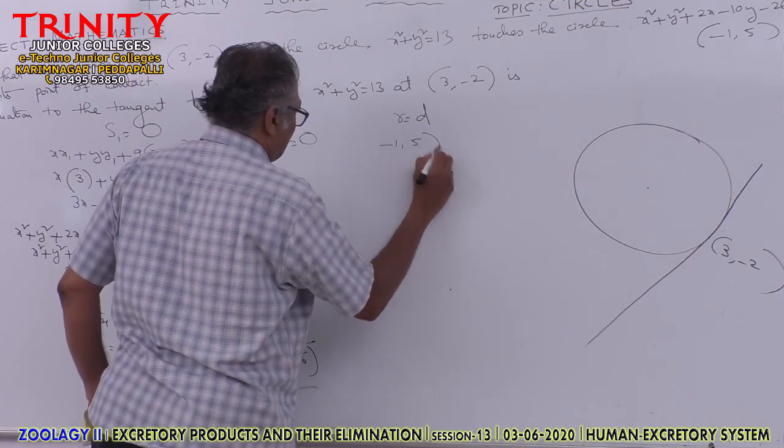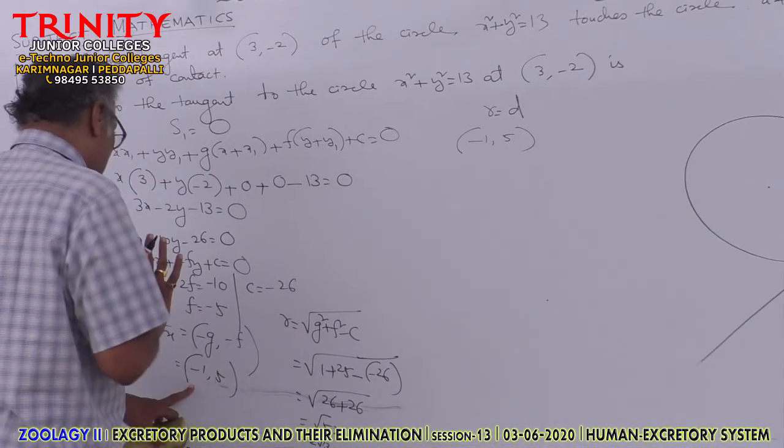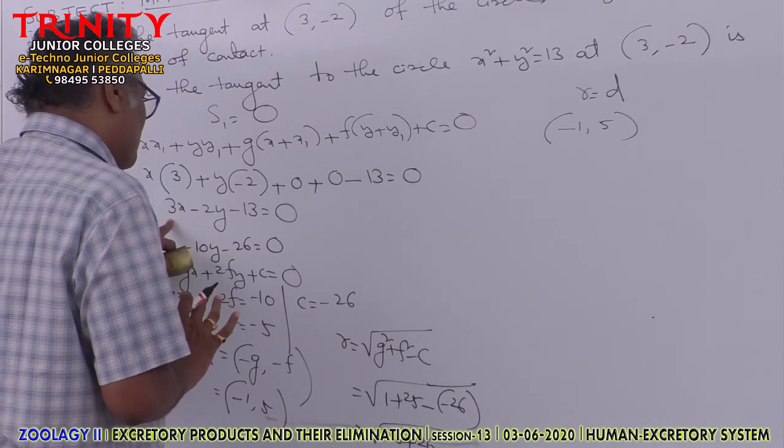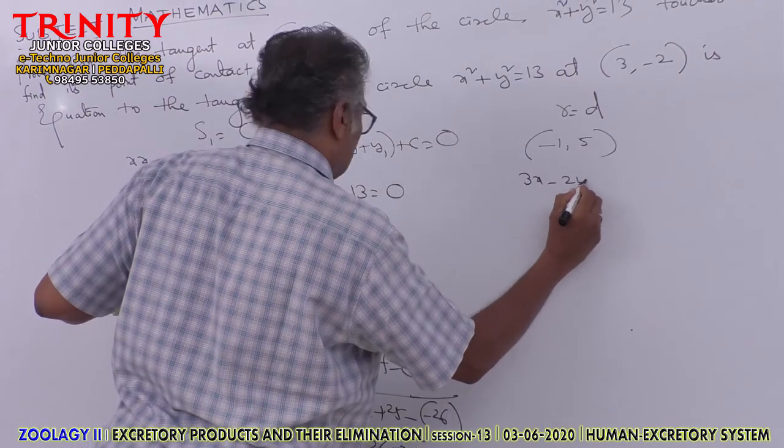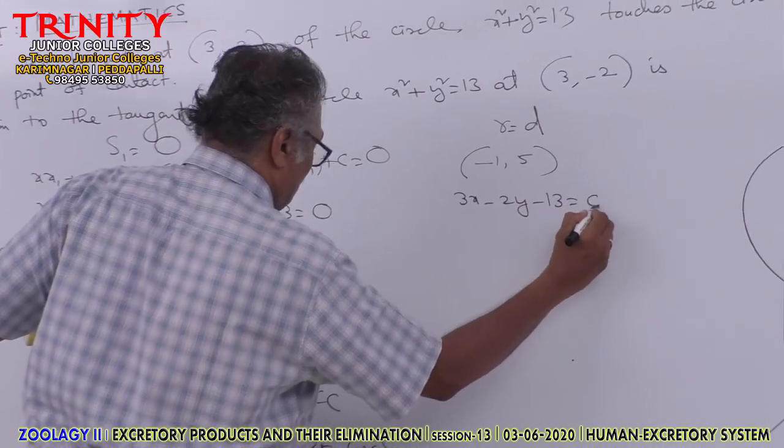The center of the second circle is minus 1 comma 5 and the equation of the tangent is 3x minus 2y minus 13 equals to 0.